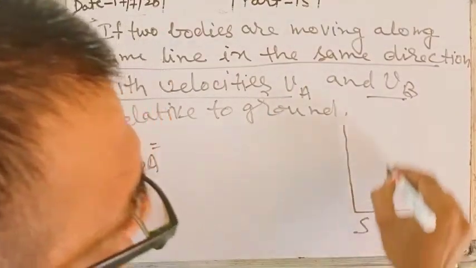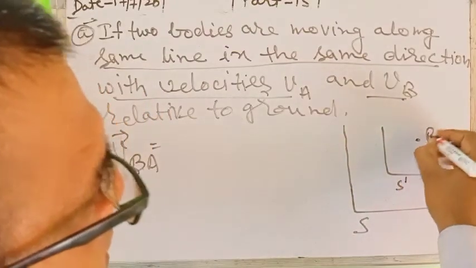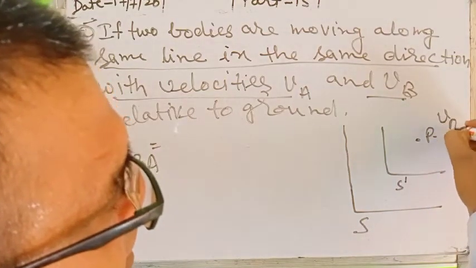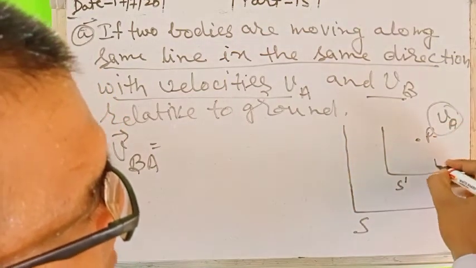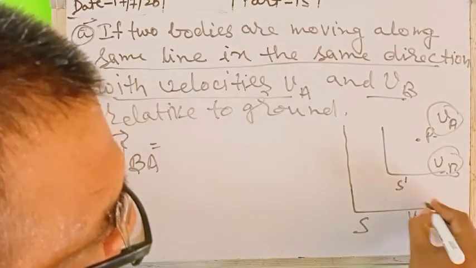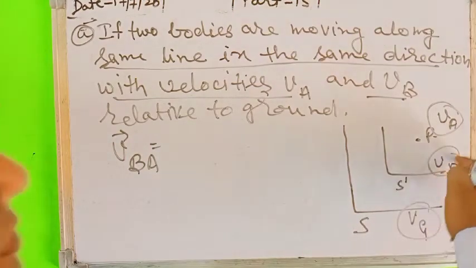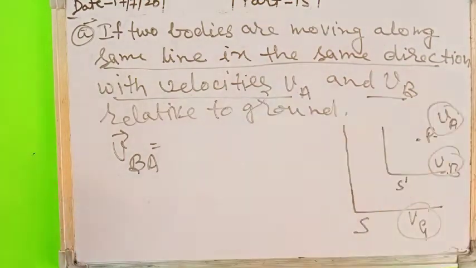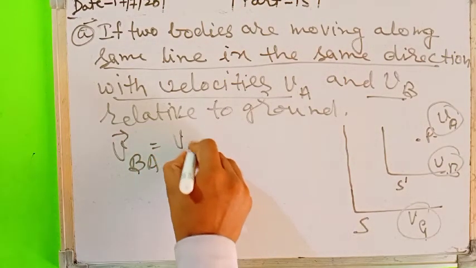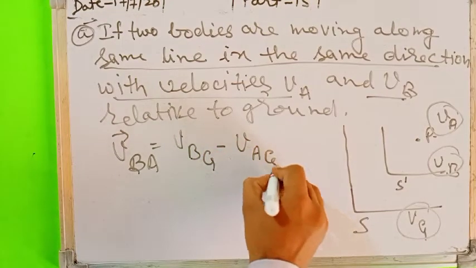This is the common frame, this is S dash, this is the particle. So we had supposed this is VA and this is VB, and both are moving, this is ground. So velocity of B with respect to A can be given as velocity of B with respect to ground minus velocity of A with respect to ground.